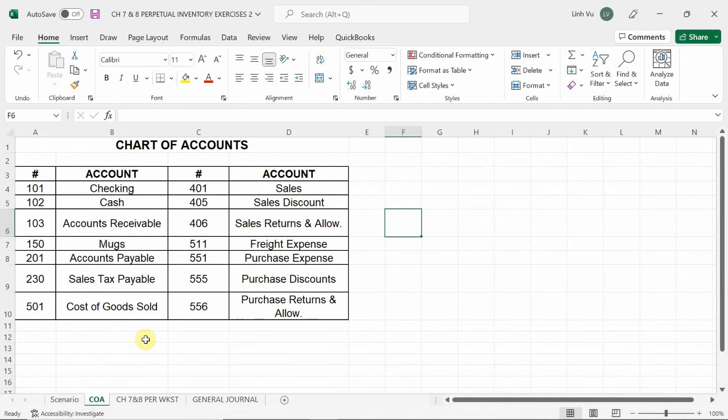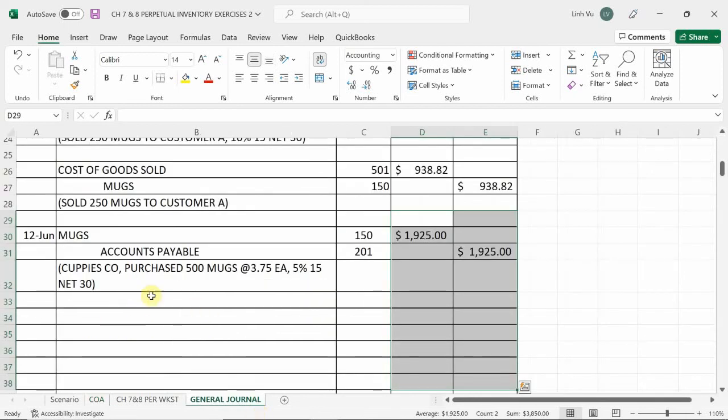You already are taking it out directly from your mugs. So where's my refund going to be taken out from? Accounts payable? Exactly, because I never paid in the first place, so they're going to reduce my liability once again.